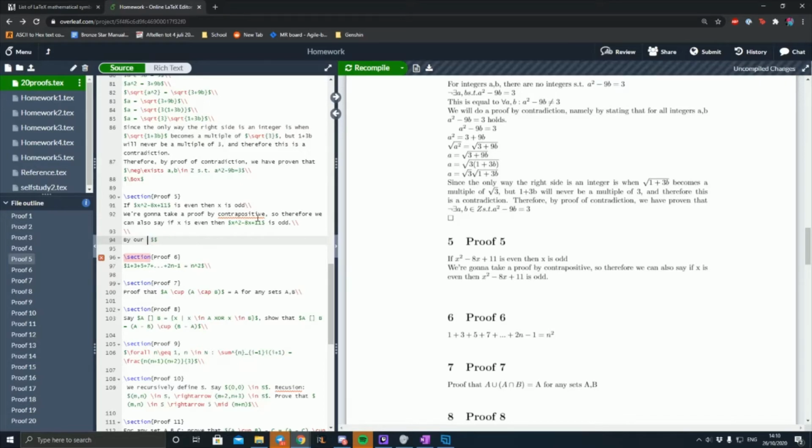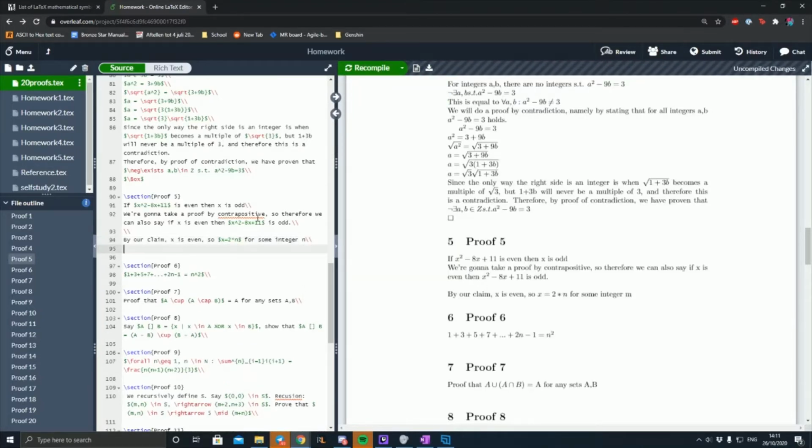Okay, let's just say by our claim, x is even, so. Why don't you just say by taking the contrapositive? Yeah, no, I just meant this part of our contrapositive. Oh, okay. So x is 2 times n for some integer n.